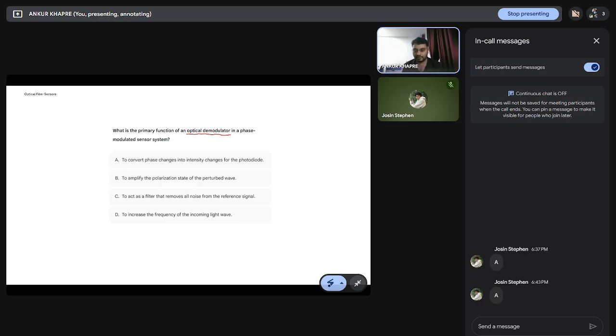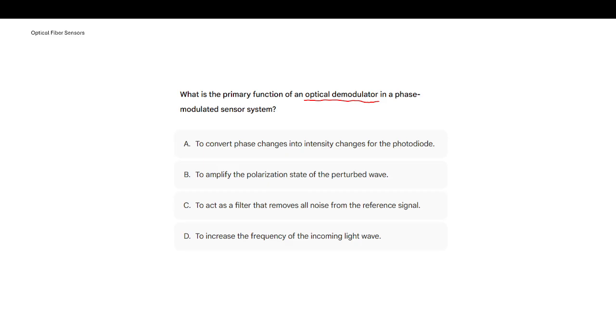Option A. So why is it option A, to convert phase changes into intensity changes for the photodiode.